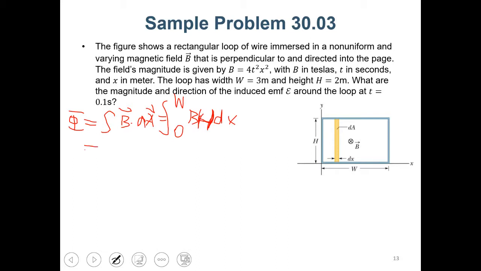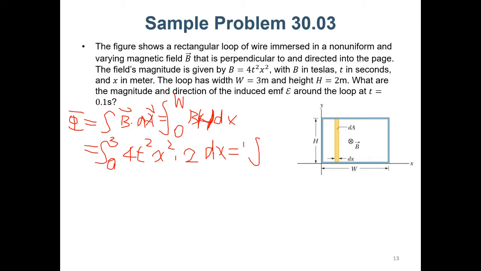So we substitute w is 3, and B is 4t squared x squared, and h is 2, and then we have dx. So we factor out the constant with respect to x.